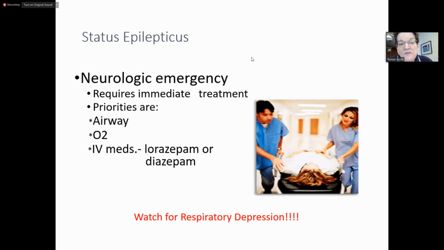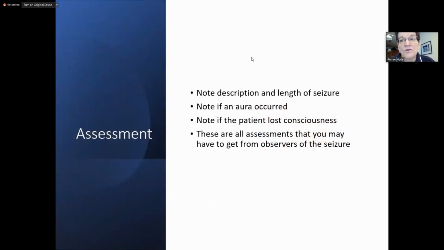And so sometimes you can stop the physical portion of status, but still have electrical status. And that also can cause that anoxic injury. And so typically what they would do is support them in the ICU and load them with medications to stop that seizure, okay? It is a neurological emergency.